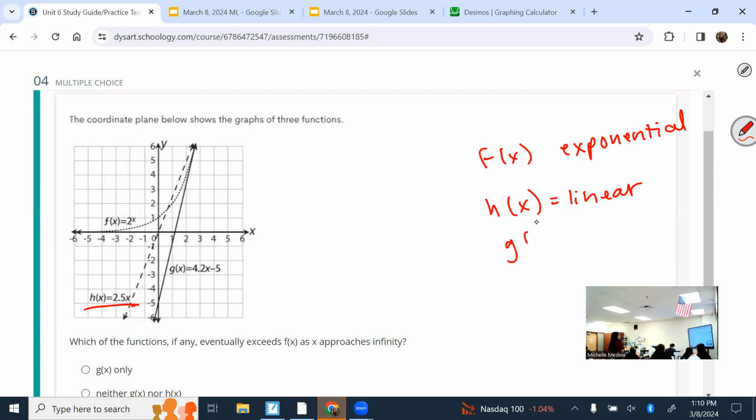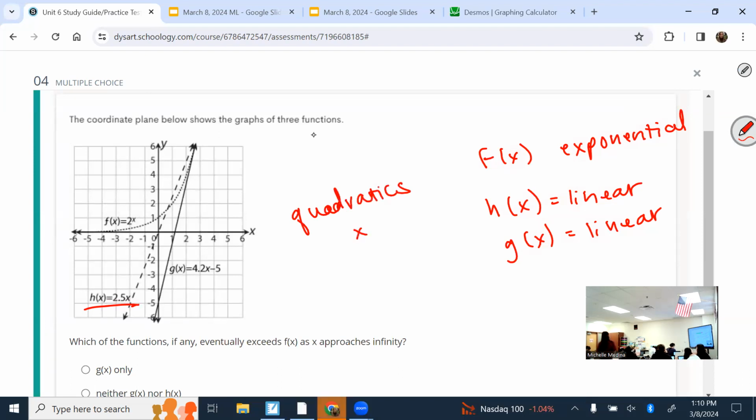And what's a g of x an example of? Linear. I meant for there to be a quadratic function example, but we know that quadratic functions have what in their equations?